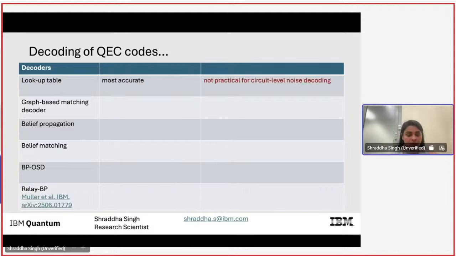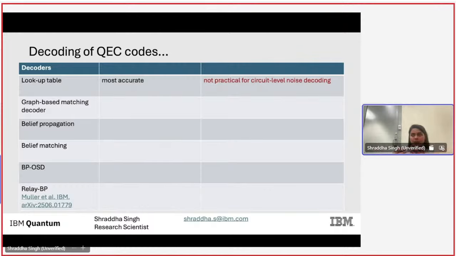The very first one is the lookup table or the maximum likelihood decoding that I was telling you about. Basically, you list out all the single-qubit errors, the 2-qubit errors, 3-qubit errors, and denote their probabilities. Then some combination of those errors would happen, and you would denote the probability for any syndrome that you get out of measuring your stabilizers.